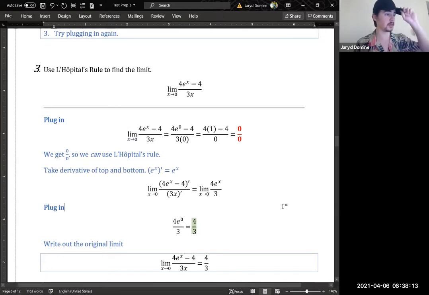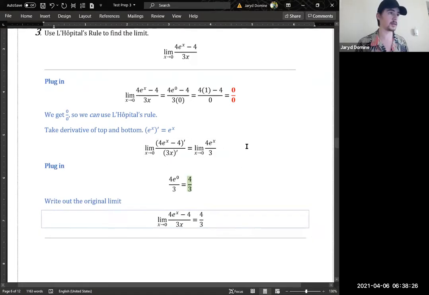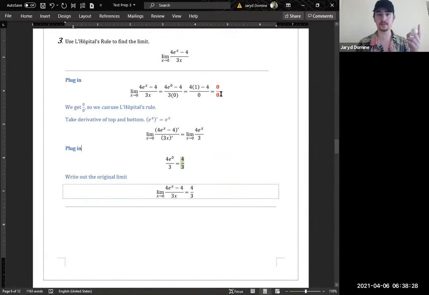Just for example. But if it did give us 0 over 0, we would get the exact same derivative, except this time we'd plug in a 1. Okay. All right, so get the 0 over 0, take the derivatives, plug in again. That's it. Okay, any questions on this one?